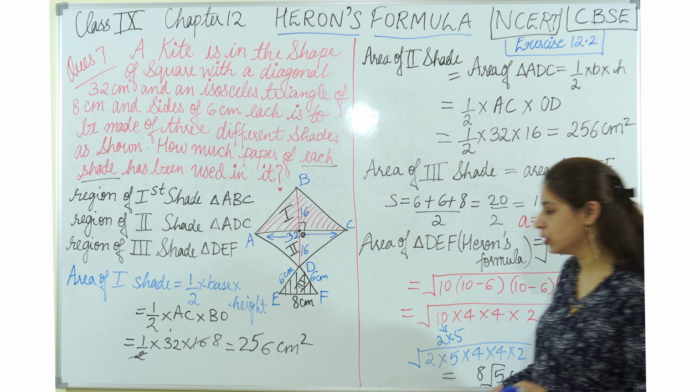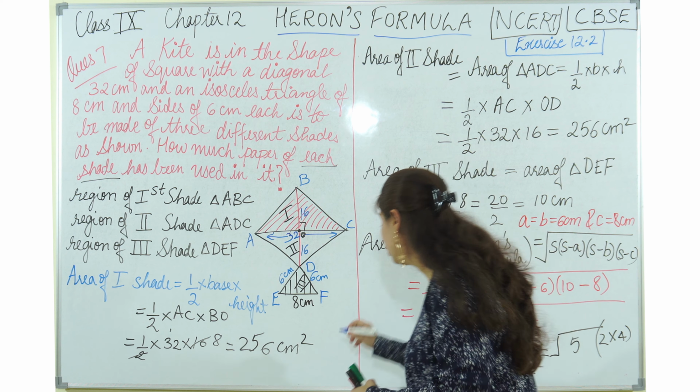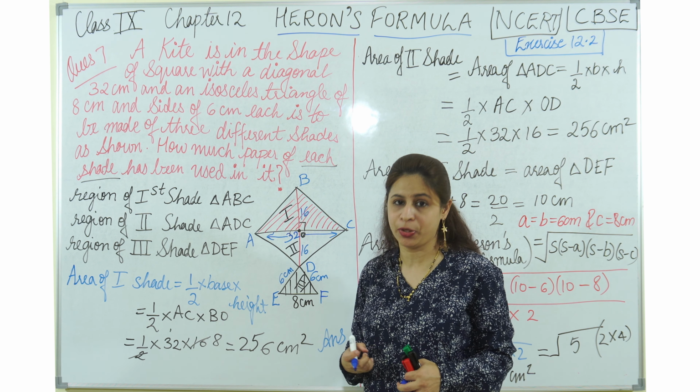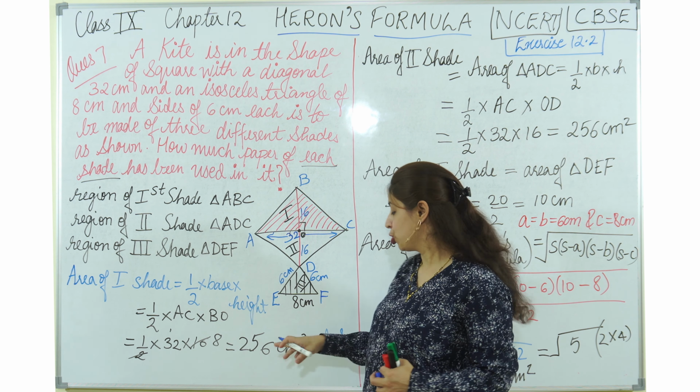So all the 3 answers we are getting over here. If they say in the question to find the total paper required, you need to just add all the 3. So the total area will be 256 centimeter square plus 256 plus 8 under root 5 centimeter square.